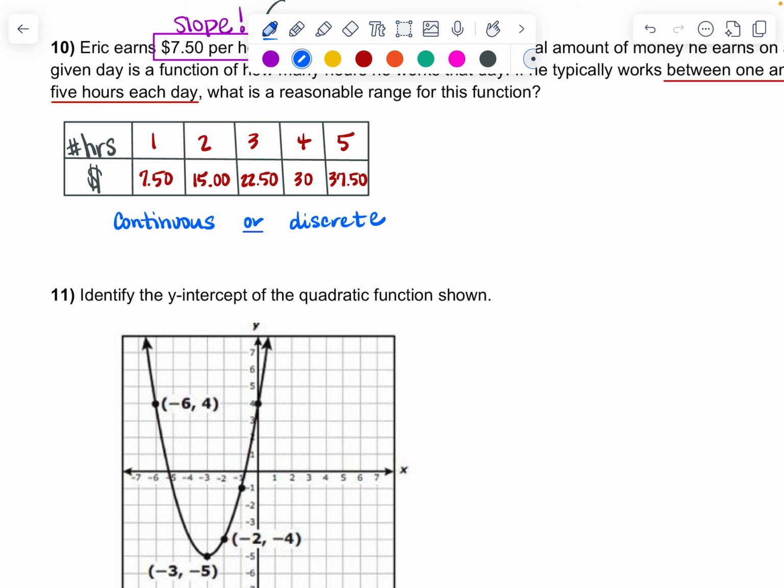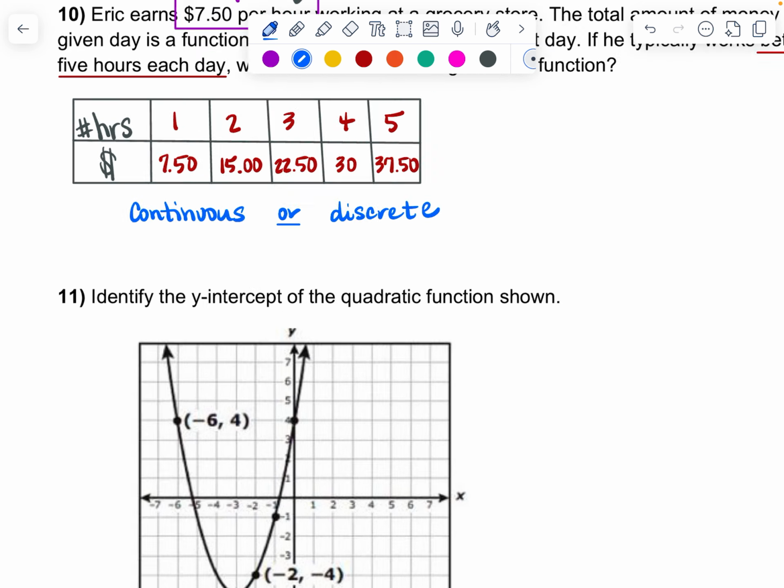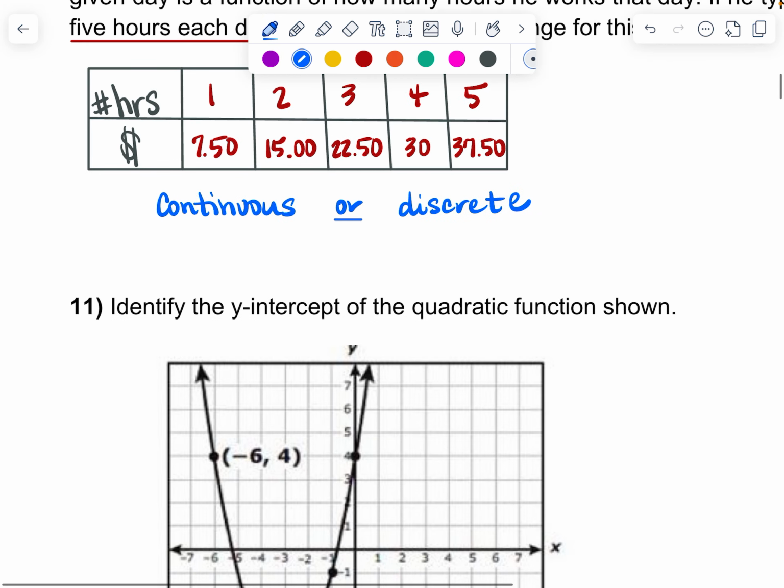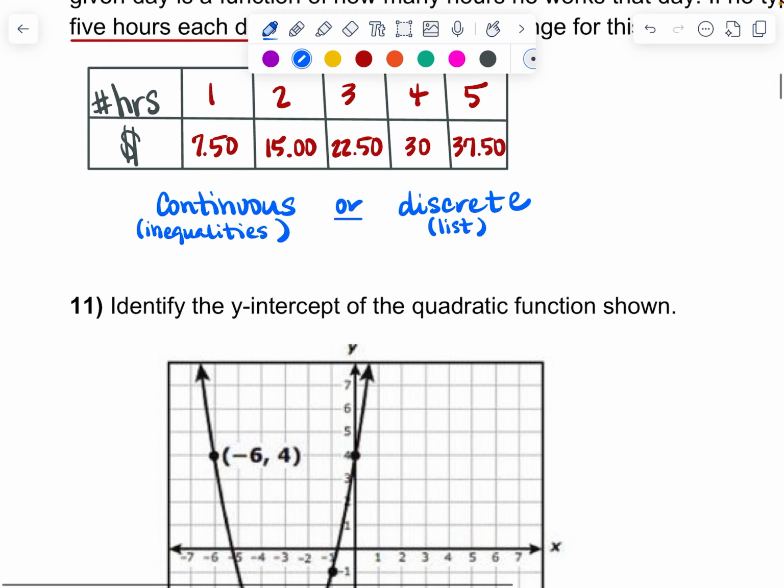And you have to remember that anytime you have continuous data, that means your domain and range are going to be written as inequalities. Okay? And when it's discrete, you're just literally listing the X and Y values because they're just dots.